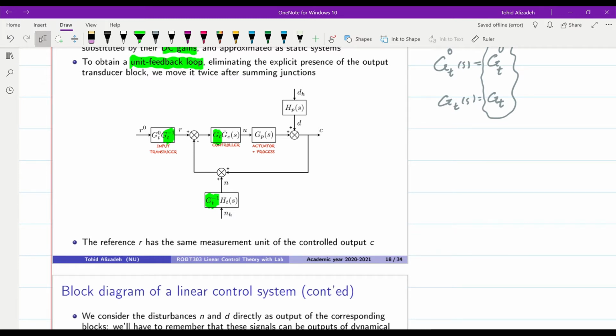indeed assume that we are receiving the disturbance signal in the form of D, the noise signal in the form of N, and the reference signal in the form of R. And once this is the case, we can neglect HP.